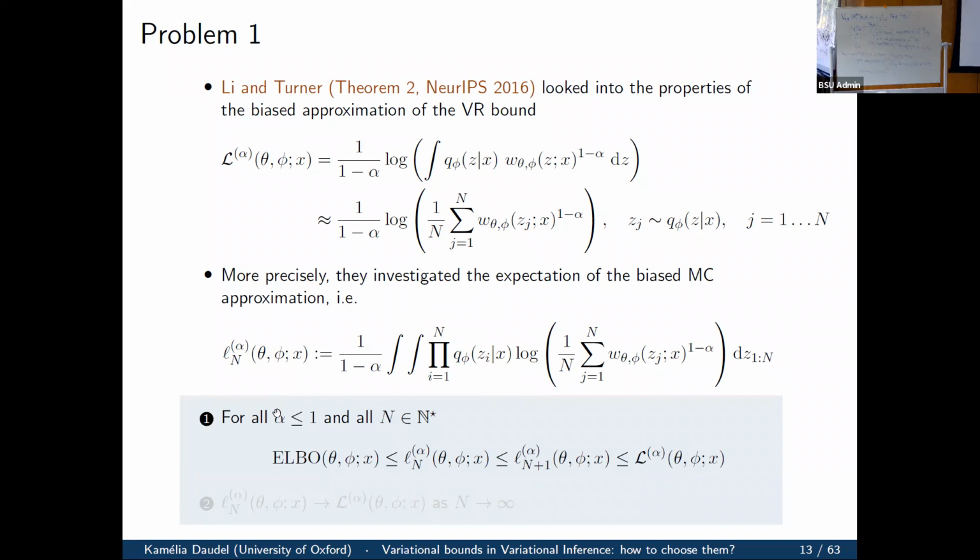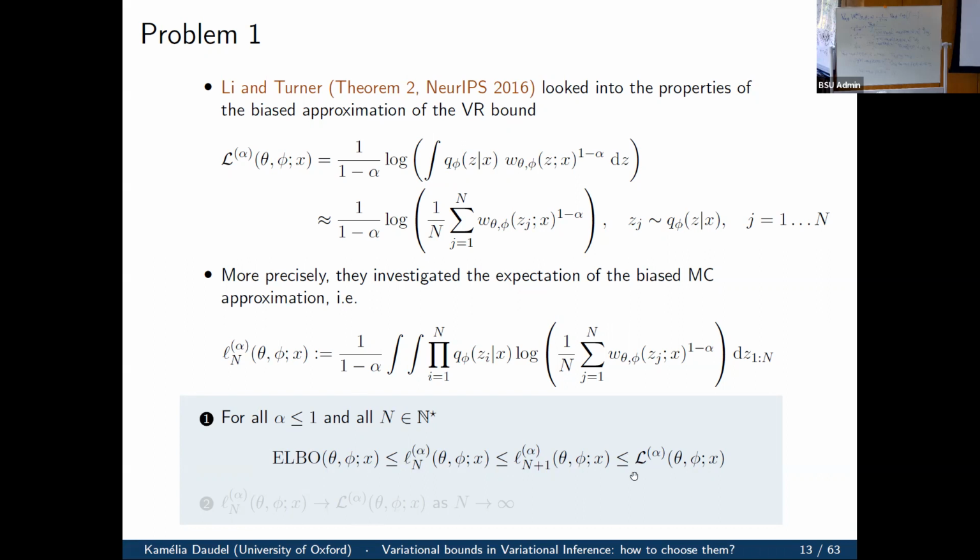The first one is that if you take alpha less than 1, and n is an integer, you can show that by taking n equals 1 here, you recover the evidence lower bound. And in fact, the expectation of the biased Monte Carlo approximation is going to have a monotonic property as a function of n.